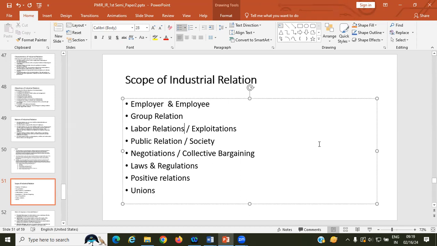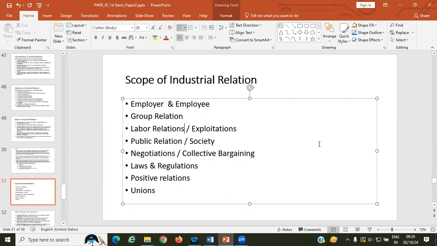So you have to make sure a good relationship is maintained with the public around you, wherever you have installed your industry, or a good relationship with your colony, the general public, or customers. That is public relationship. Industry relationship makes sure that you have a good relationship in the society.